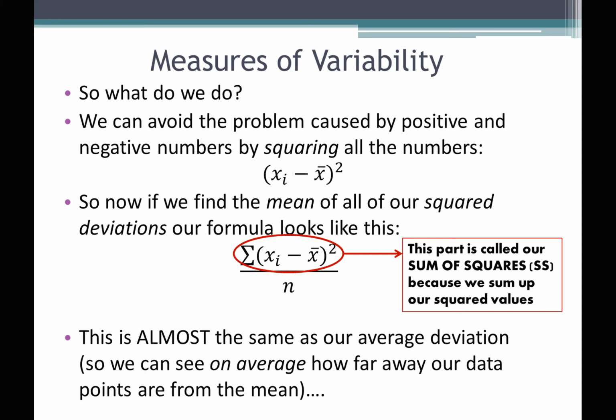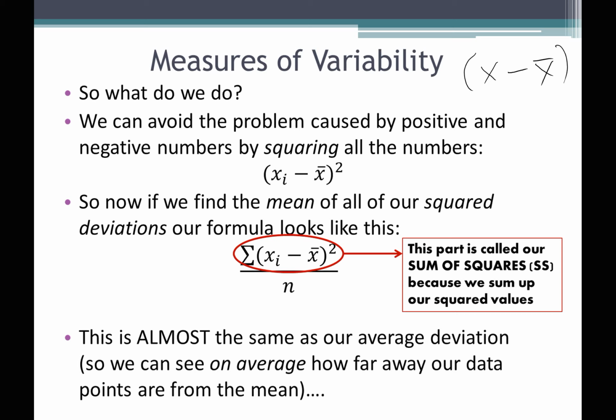If you remember way back, feels like a long time ago now, we had a list of numbers, and we were trying to find the average deviation. We started talking about what a deviation is, right? A deviation is simply one number minus the mean.